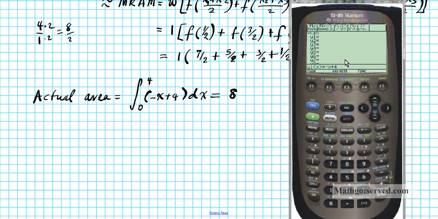You can also use it for your TI-83 or TI-84 calculators. Press enter. We're going to graph this function, and then use the math menu to calculate the area under a specified interval. Press diamond F3 to graph.